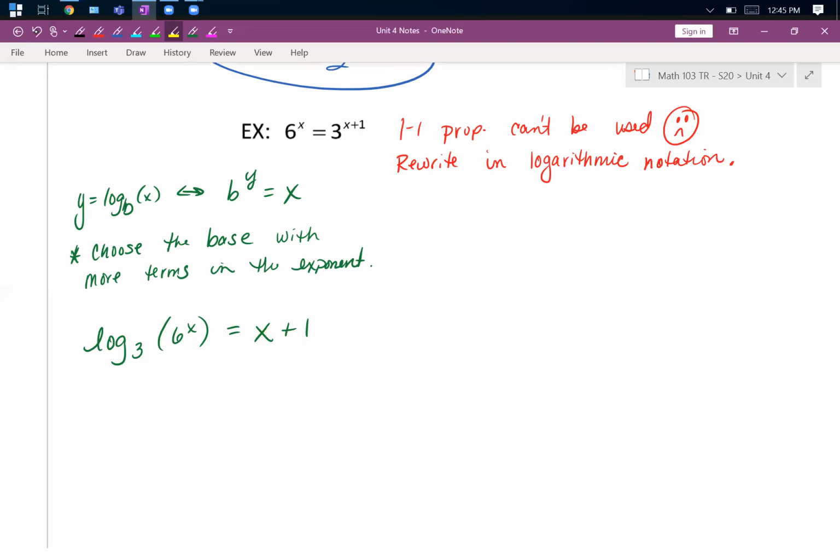So we are going to use log property number 7 that says if you have an exponent inside the argument of your log, it comes out in front and becomes a coefficient. It's going to give us x times log base 3 of 6 equals x plus 1. Any questions so far?